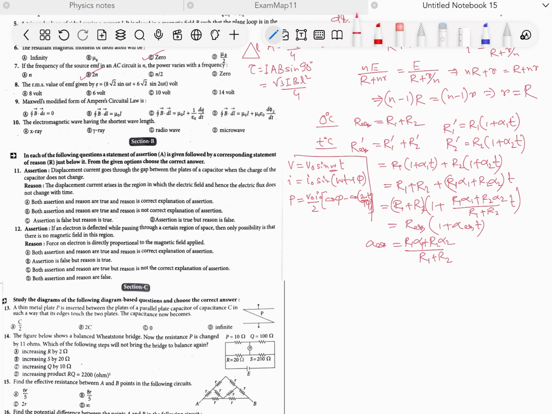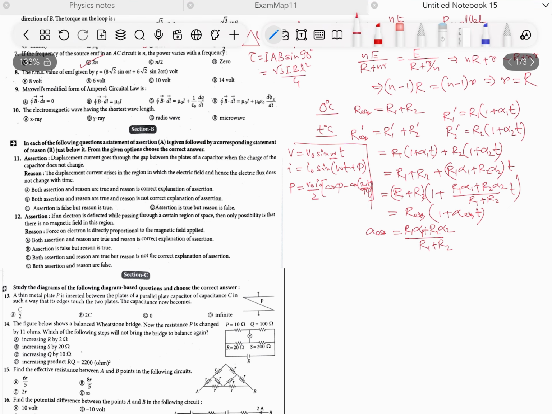Okay. Now the RMS value of this equation, E equal to given 8 root 2 sine omega t plus 6 root 2 sine 2 omega t. So here E1 equal to 8 root 2 and E2 equal to 6 root 2.